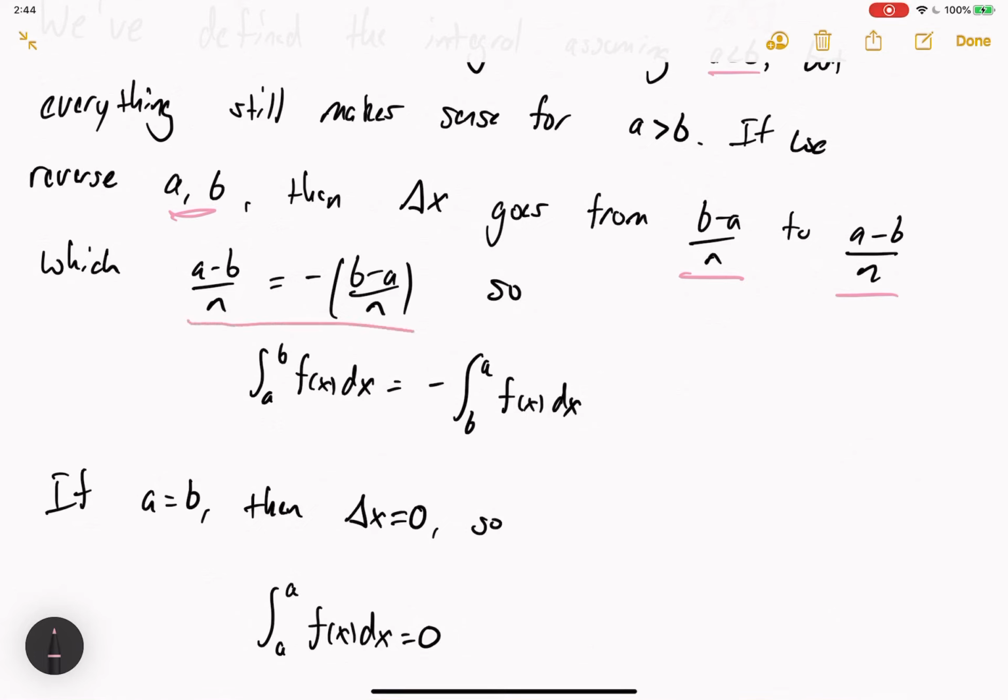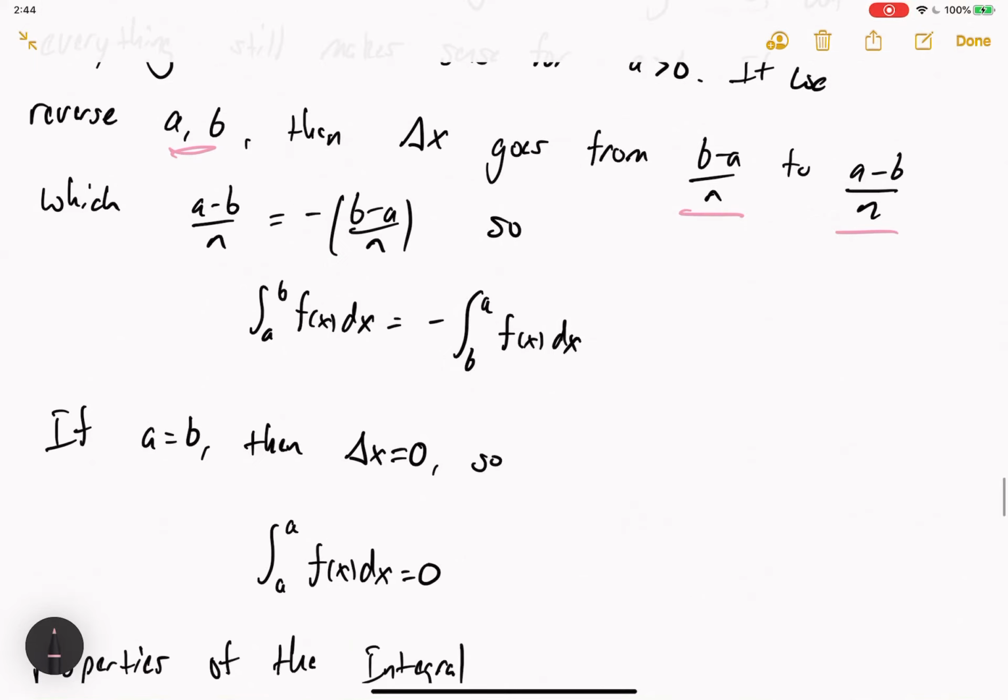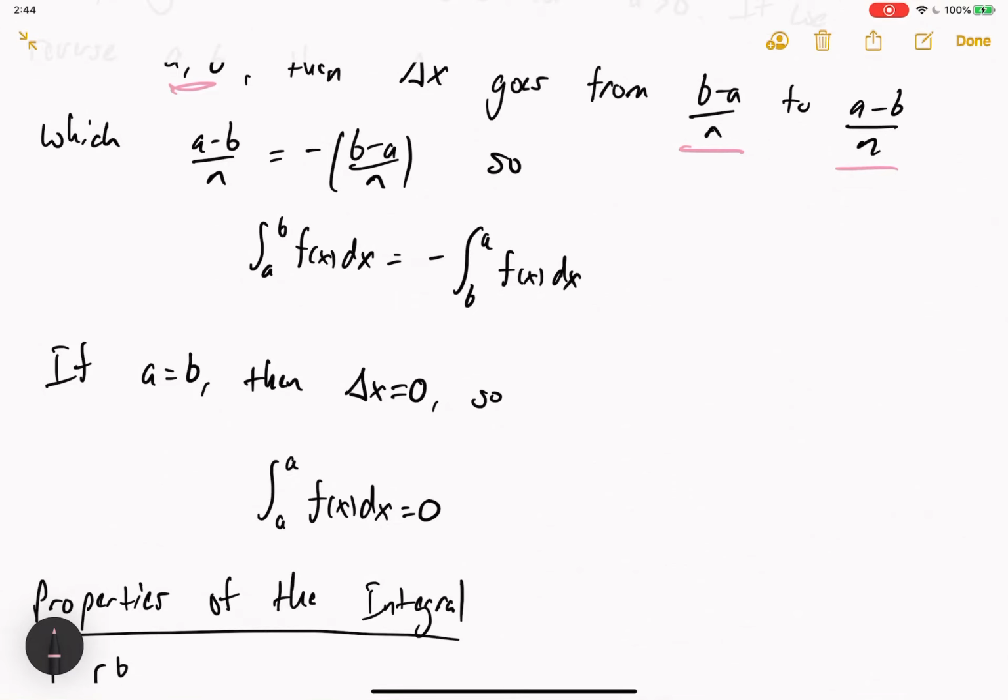But (a minus b) divided by n is just equal to the negative of (b minus a) divided by n. So what that tells us is that the integral from a to b of f(x) dx is equal to the negative of the integral from b to a of f(x) dx. So basically, the integrals are the same, but one is the negative of the other. If instead of going from left to right, you go from right to left, that has some consequences, and now you become negative.